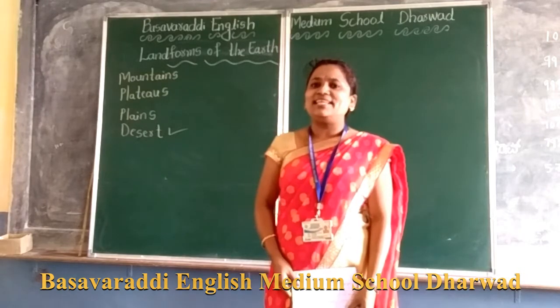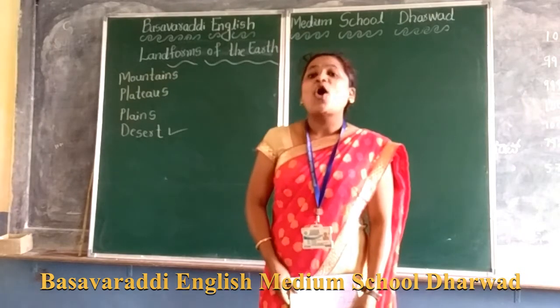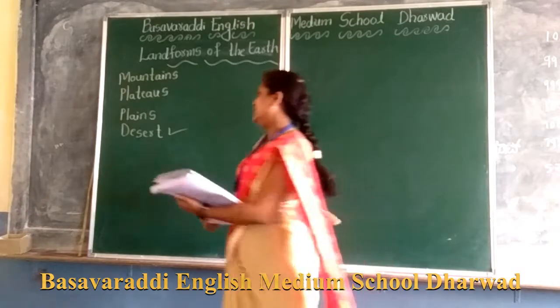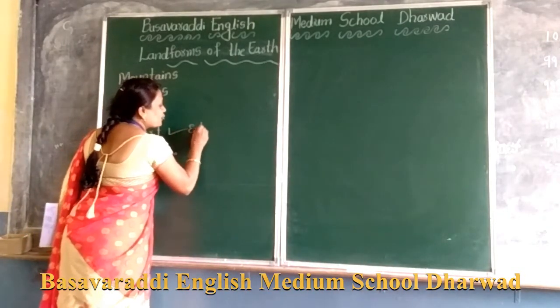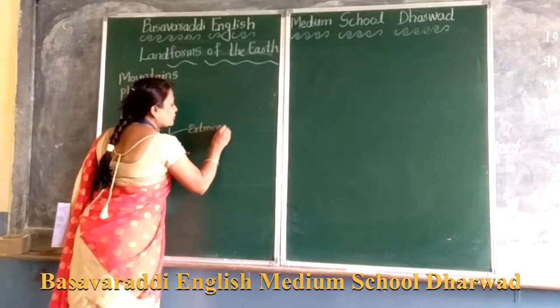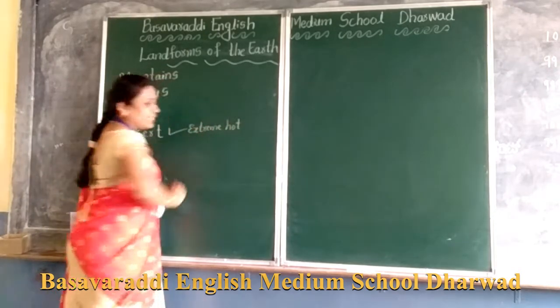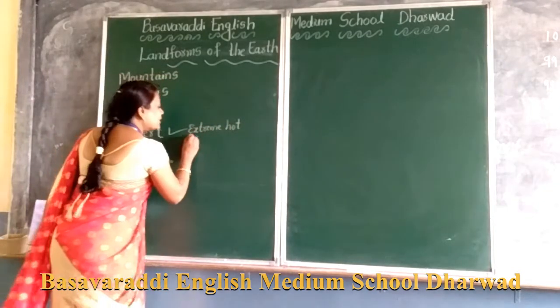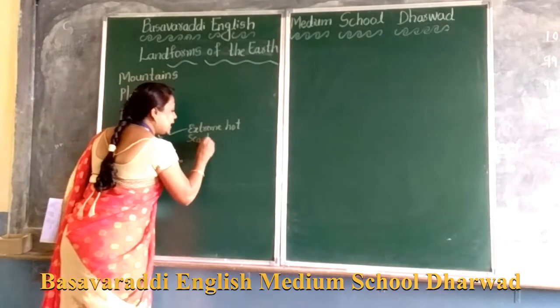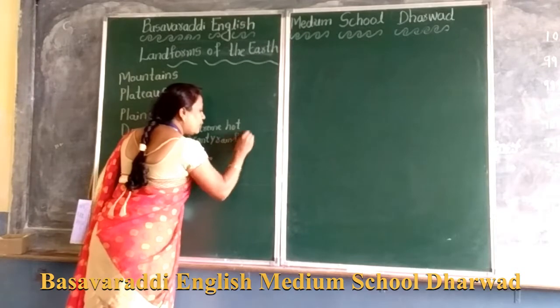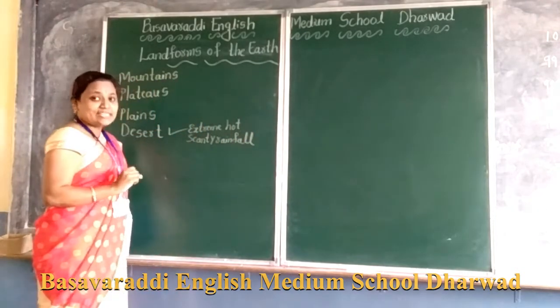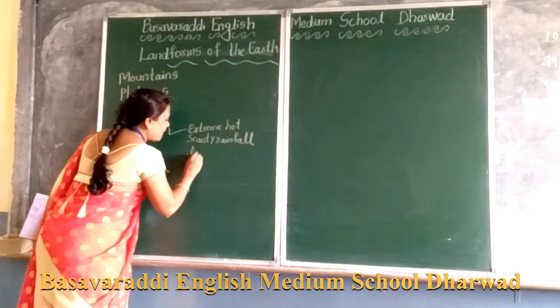Desert experiences extreme hot climatical conditions and scanty rainfall, or little rainfall. It has less vegetation.